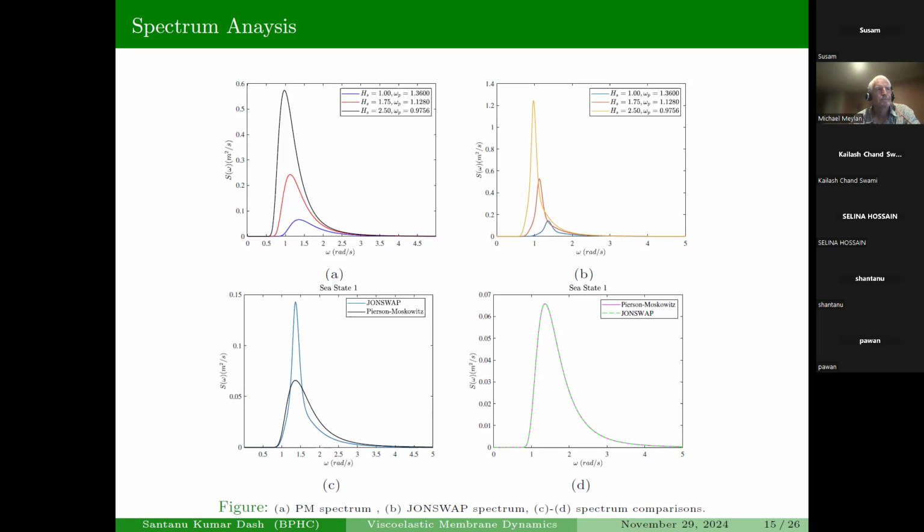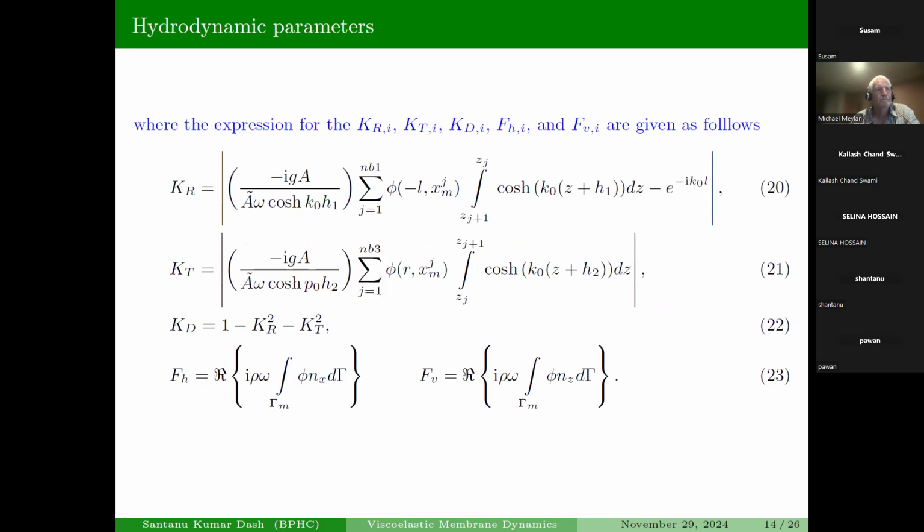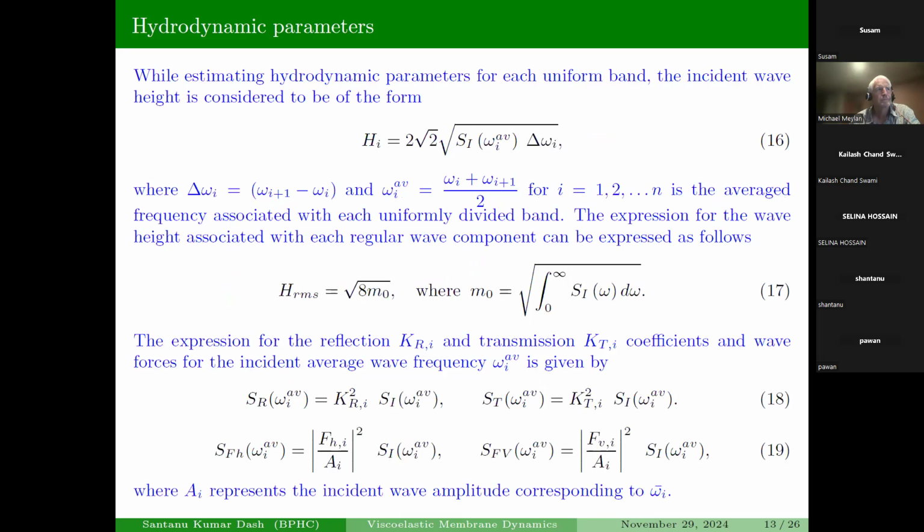So we consider only this range and partition it into n equally divided components, each of which behaves like a regular component. We can generate random waves by superimposing a number of sinusoidal waves having different phases and wavelengths. We partition the spectrum into regular components of n bands, and then compute the reflection and transmission associated with each component.